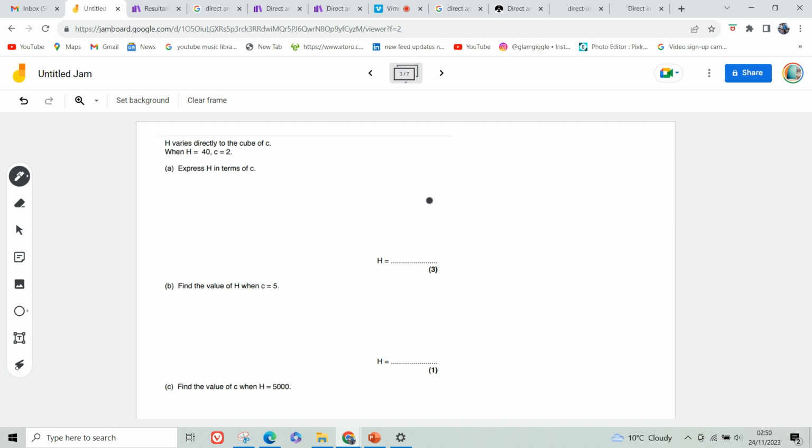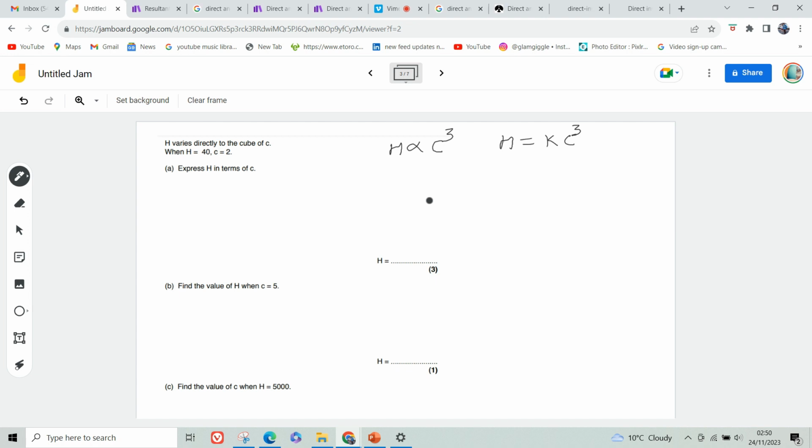Now the question says that h varies directly as the cube of c. So h is directly proportional to the cube of c. So h is equal to k c cubed.